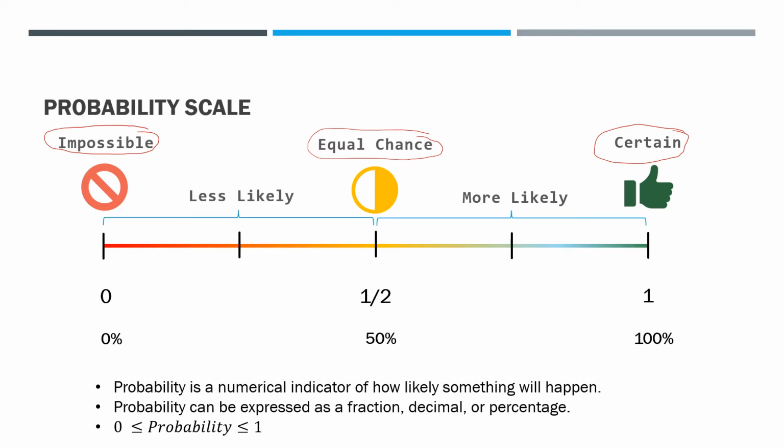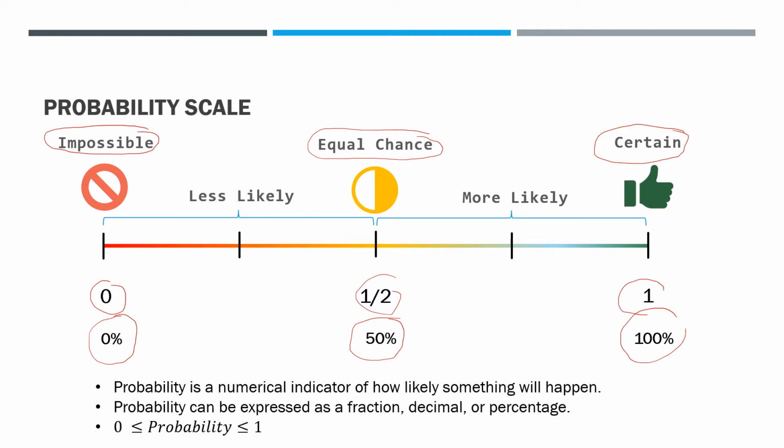Probability can be expressed either as a fraction, decimal, or percentage. You can notice on this number line that we have written percentages: 0%, 50%, 100%. We've also expressed them as fractions: 0, 1 by 2, and 1.